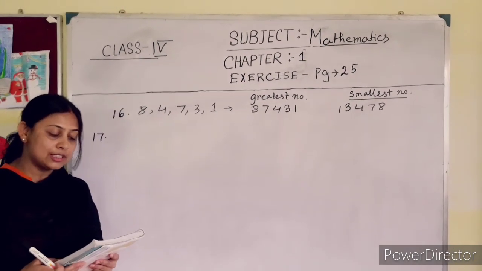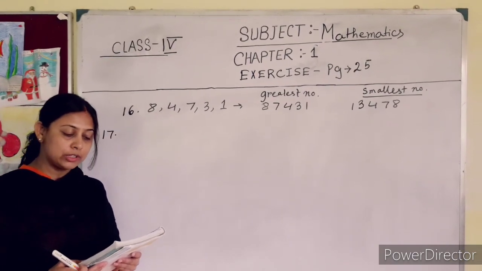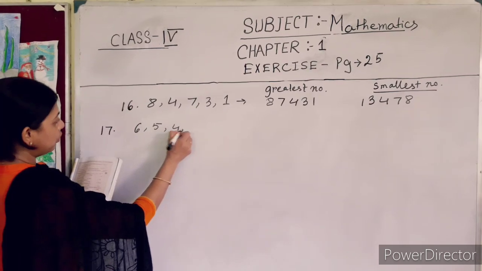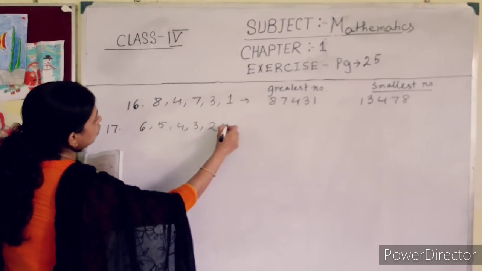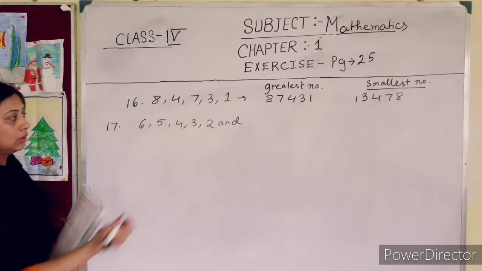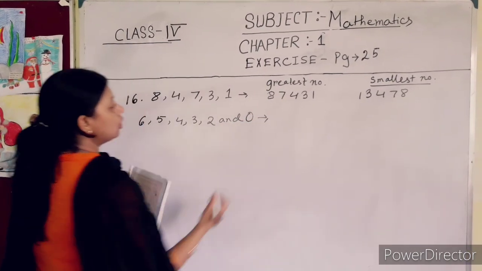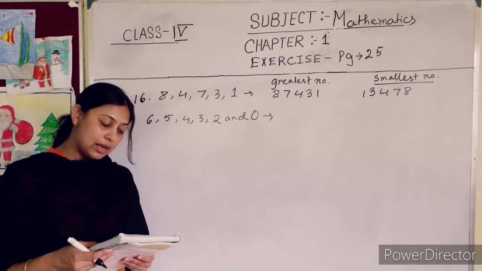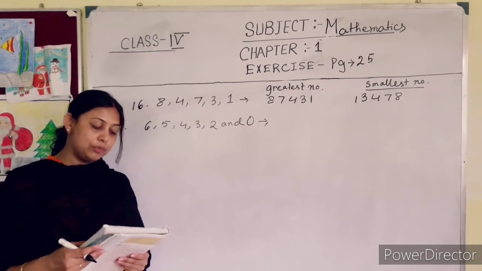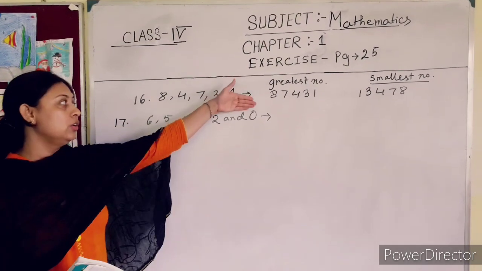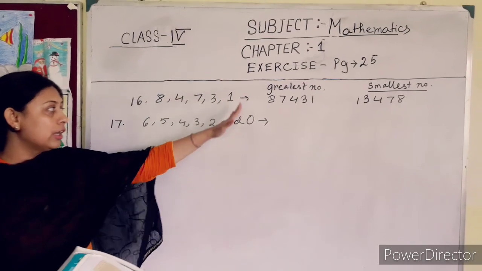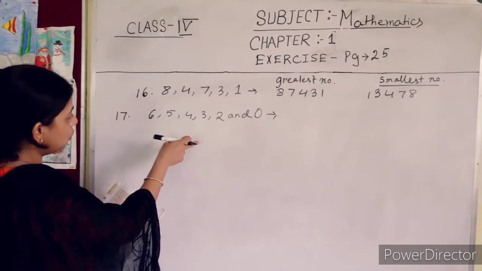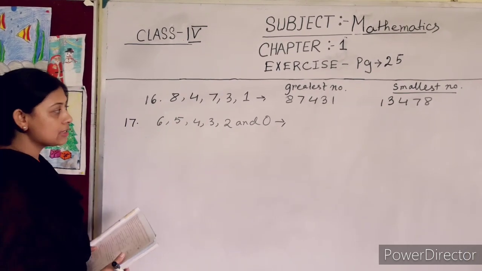Make the greatest and the smallest 6 digit number using the digits 6, 5, 4, 3, 2 and 0. You have to form the greatest and smallest number, but here repetition of digits is allowed. In the earlier question repetition was not allowed, but here it is allowed. What is the rule to form the greatest number?